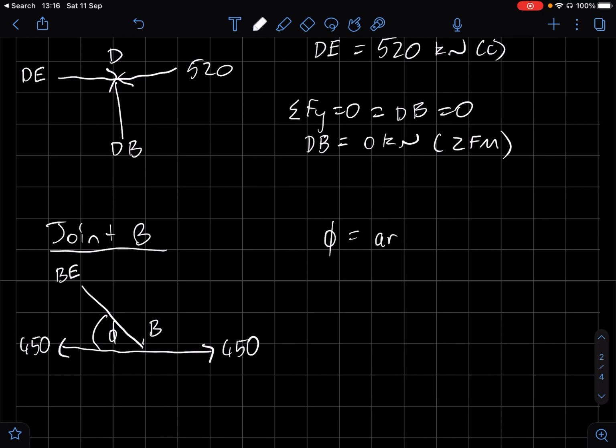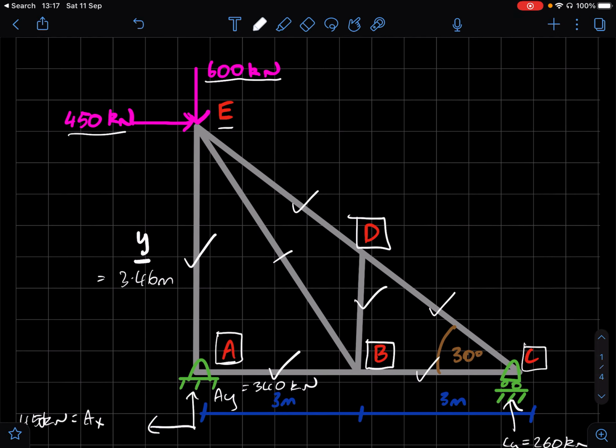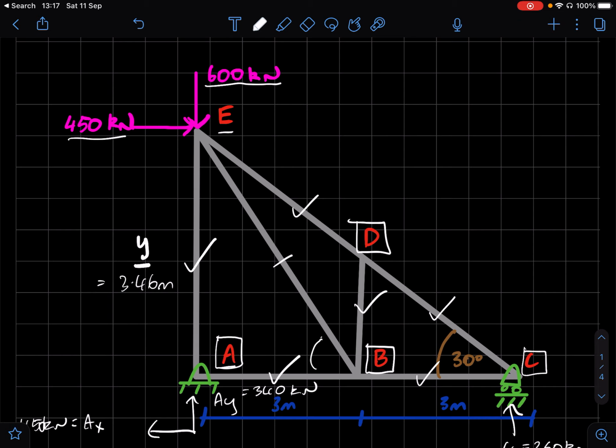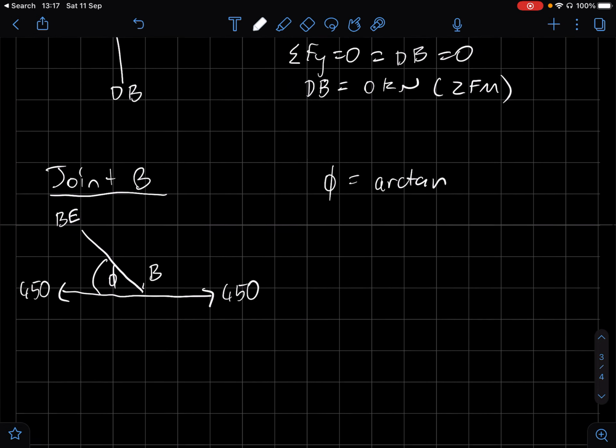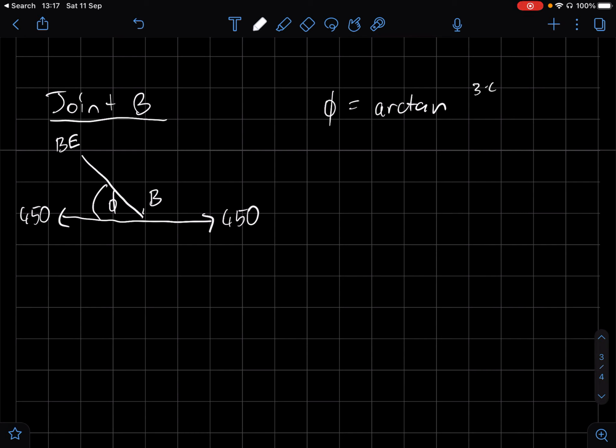Phi is just going to equal arctan of the opposite over the adjacent. The opposite is going to be 3.46, and the adjacent is just going to be 3 meters. That gives me an angle of 49.07 degrees.